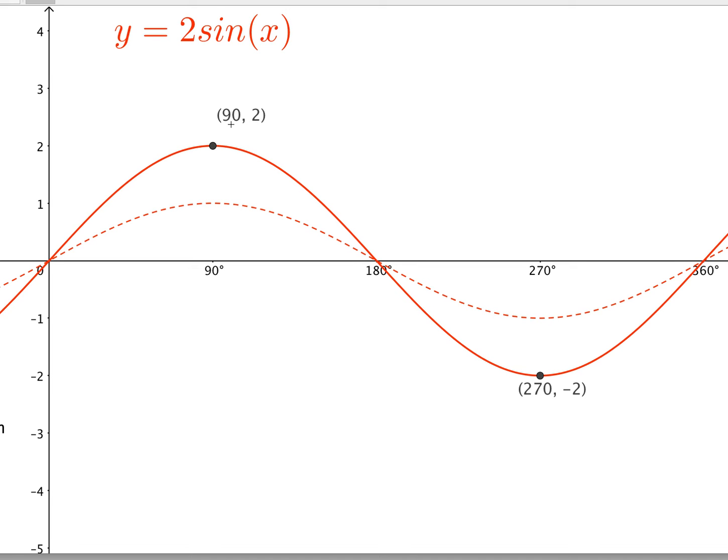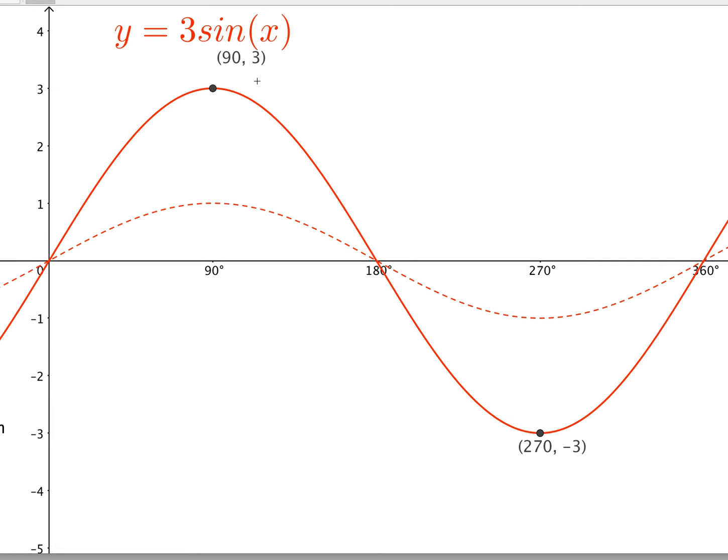The input 90 degrees didn't change. So here we changed the output, the y coordinate, but we didn't change the x coordinate in any way. So when it's y equals 2 sine x, this is doubling the y coordinate. With 3 sine x, it's now 90 degrees, 3.